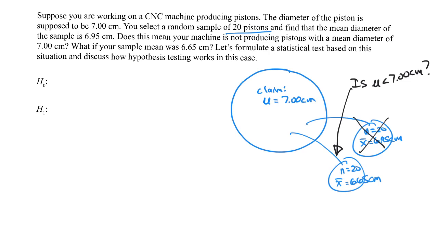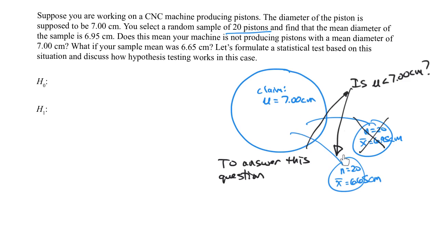Well, to answer this question, I'll write this over here. We're getting a little messy here, but to answer this question, we need to know the probability of getting this sample if this really is true. That's what we're going to look at.